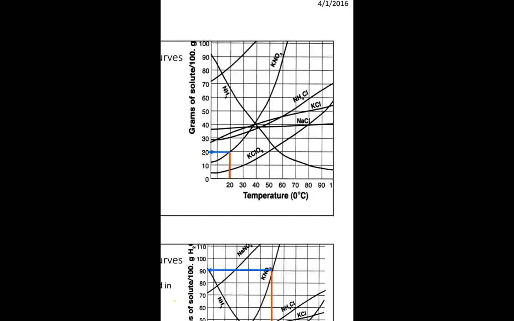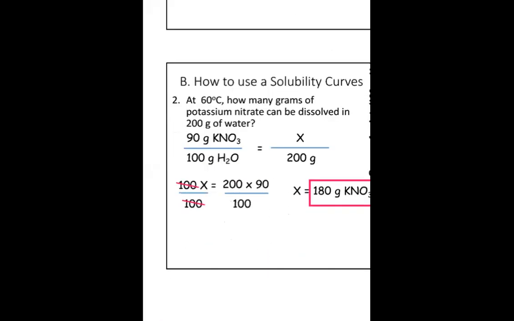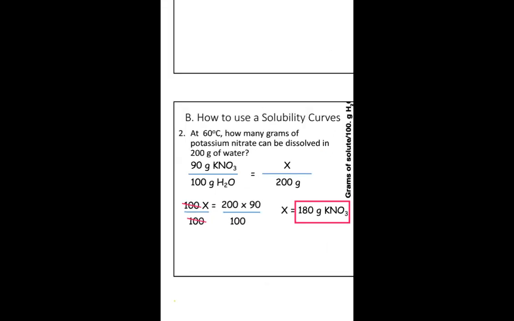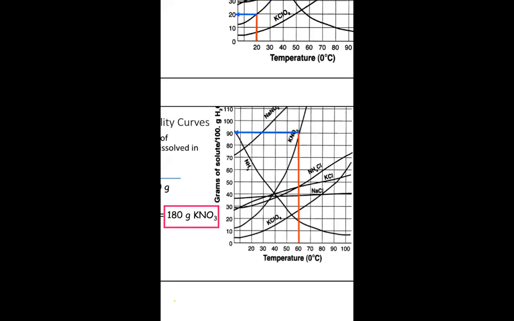Okay. Now, let's take a look at the second question. Here in the second question, it is said that at 60 degrees Celsius, how many grams of potassium nitrate can dissolve in 200 grams of water? Right? So note that the parameter of the question given here, according to what we have in the graph, is grams of solute per 100 grams of water.